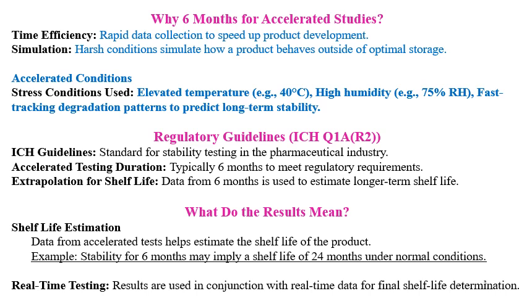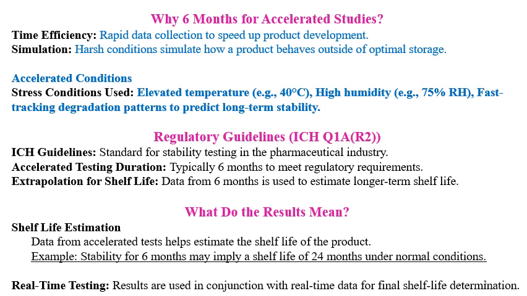Then coming to the regulatory guidelines, ICH Q1A R2. ICH guidelines are the standard for stability testing in the pharmaceutical industry. The accelerated testing condition given by ICH is 6 months to meet the regulatory requirements. Extrapolation for shelf life: data from 6 months is used to estimate longer term shelf life.